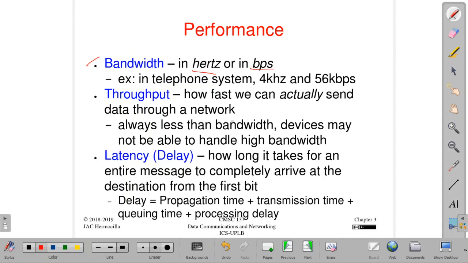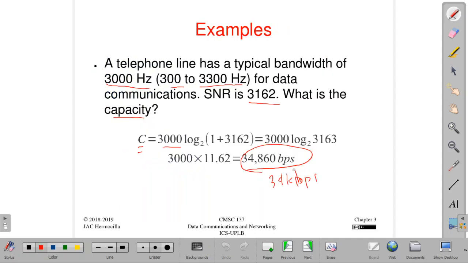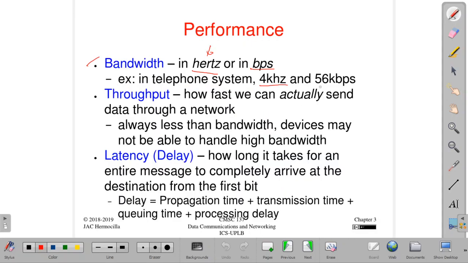Examples, in the telephone system, we have a 4 kilohertz bandwidth, which enables voice communication, and 56 kbps for data communications. So normally these bandwidths are just theoretical values.